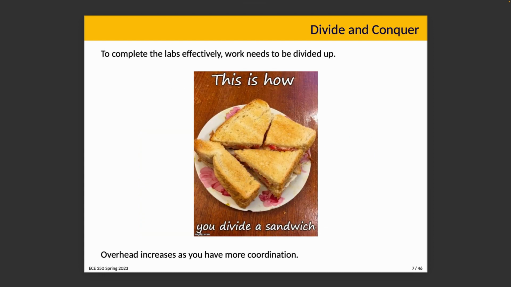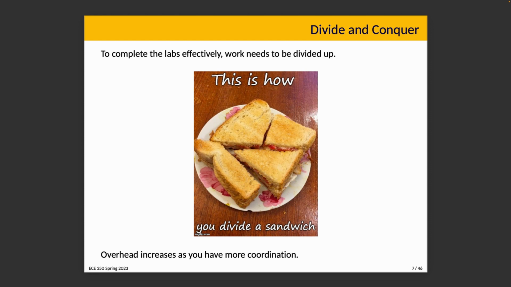So to complete the lab effectively, right, the work needs to be divided up. And however you want to do it is up to you. This image may make you deeply uncomfortable, but it is a way to divide up a sandwich, although I don't know that I would necessarily call it a great way to divide up a sandwich, but it works, right? And as your group members, you need to decide how you intend to divide the work.